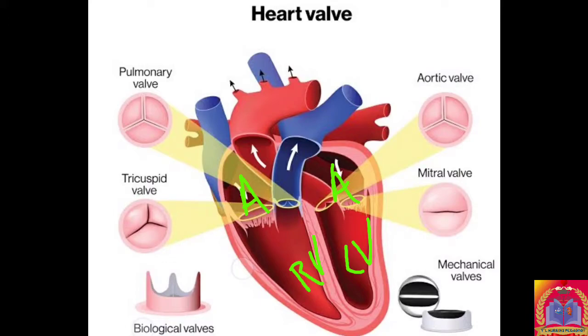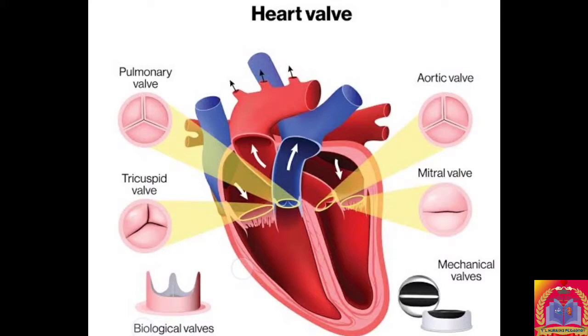Blood passes through a valve before leaving each chamber of the heart. The valves prevent the backflow of blood. Valves are actually flaps or leaflets that act as one-way inlets for blood coming into a ventricle and one-way outlets for blood leaving a ventricle.